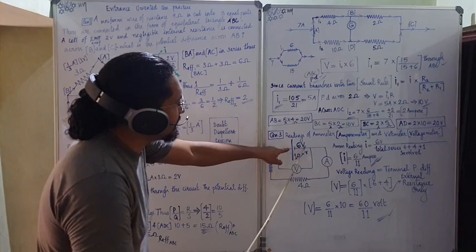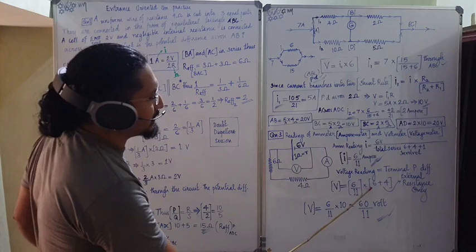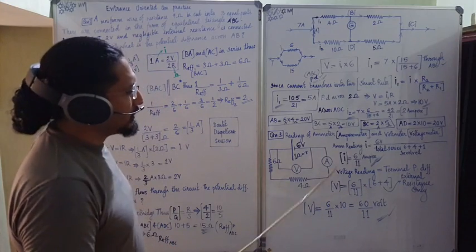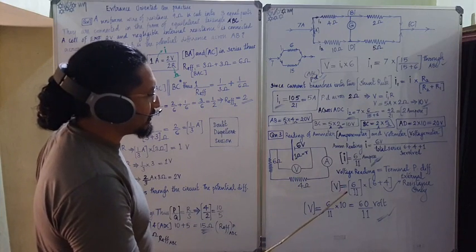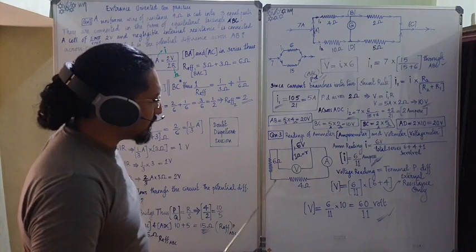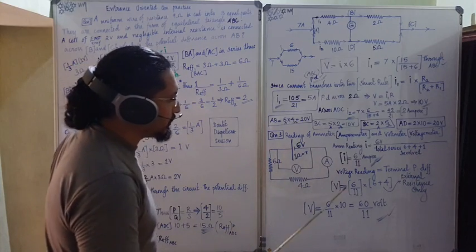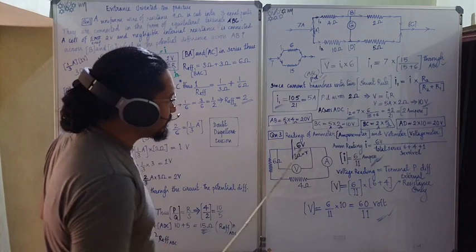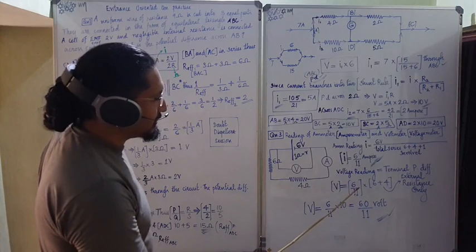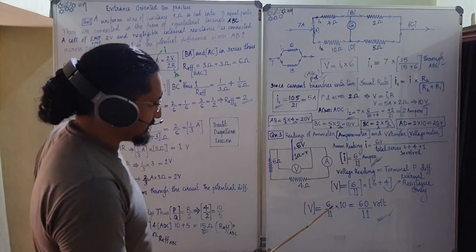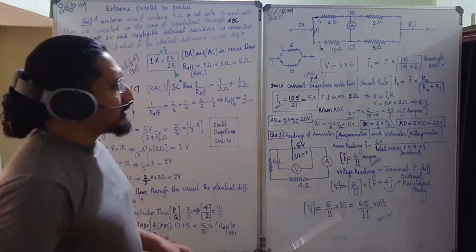Just the terminals. Now it is encountering 6 and 4. So the terminal potential difference, or the voltmeter reading, is equal to 6/11, that is the current flowing through this line, from positive to negative, into the resistance encountered, 6 plus 4, that is 10. That is 6/11 into 10, 60/11 volt.